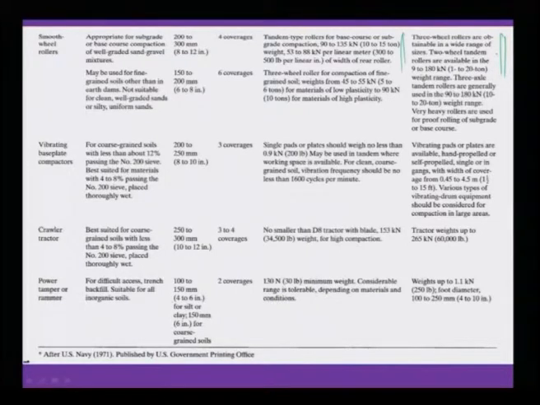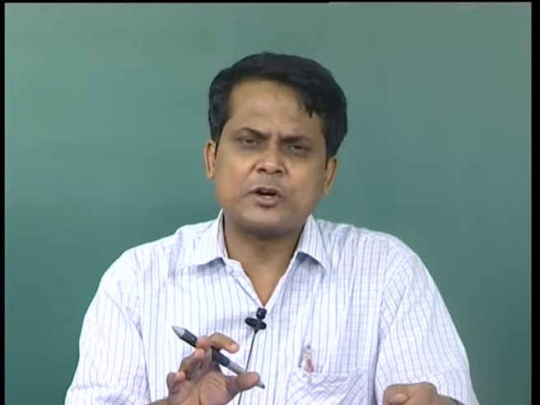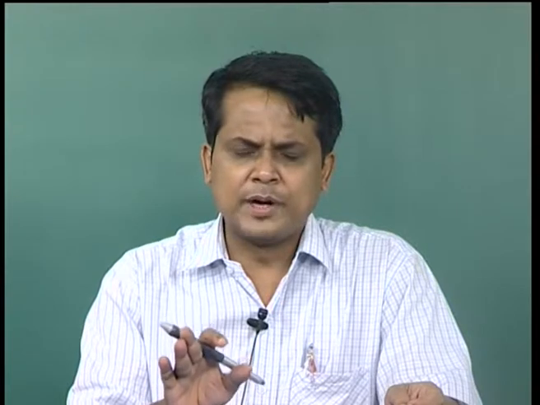Then the vibratory base plate compactor. A base plate has to be there, and it has to vibrate. In this case, it is used particularly for coarse grained soils with less than about 12% passing the 200 sieve. That means coarse grained soils where only 12% of the soil passes through the 200 sieve.